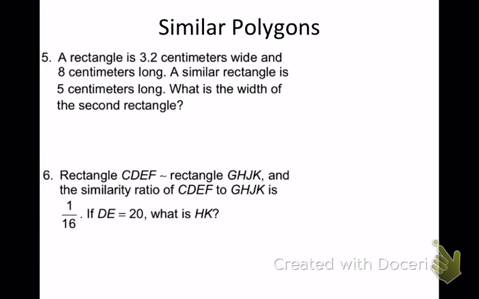5. A rectangle is 3.2 centimeters wide and 8 centimeters long. A similar rectangle is 5 centimeters long. What's the width of the second rectangle? I need to set a proportion up here. Colin, how would you set up a proportion on number 5?